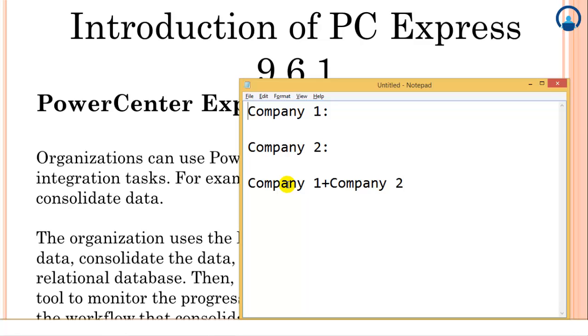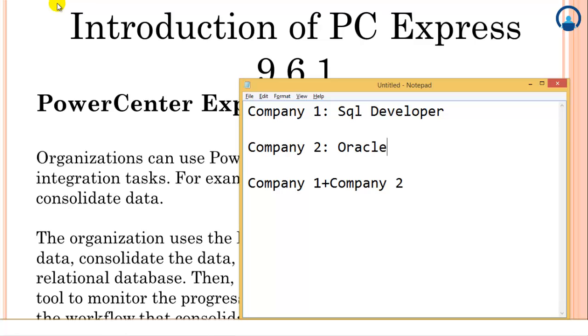But company 1 has its data in SQL Developer, and company 2 has its data in Oracle. So it will not be an easy task to merge the two databases into a single database.